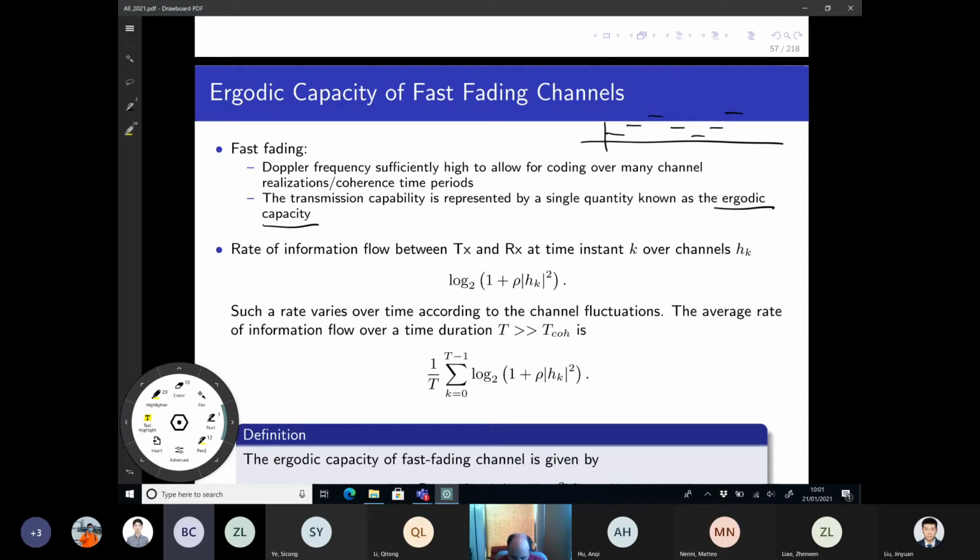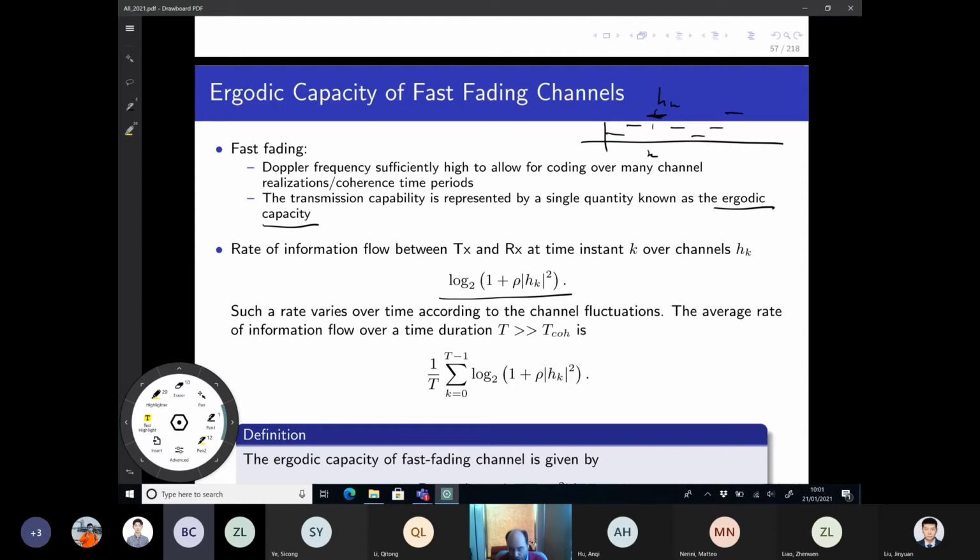And so that means at a given time instance k, assuming I have a certain time instant k, I have a certain channel hk here. The rate at which the information could flow over this channel realization is equal to this, right?